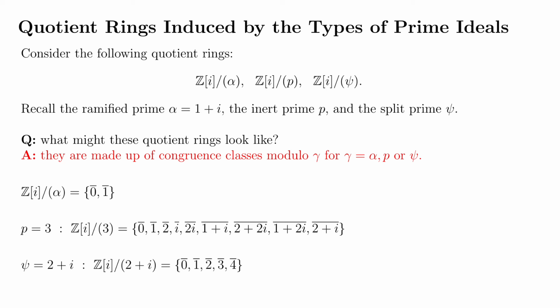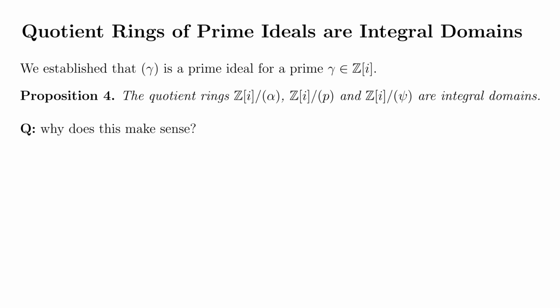These might not be exactly what you would expect. And that's something a bit cool about the Gaussian integers. Depending on the type of prime, you're going to get a different pattern of elements that is uniquely distinct to that type of prime. We also have that these quotient rings are integral domains.